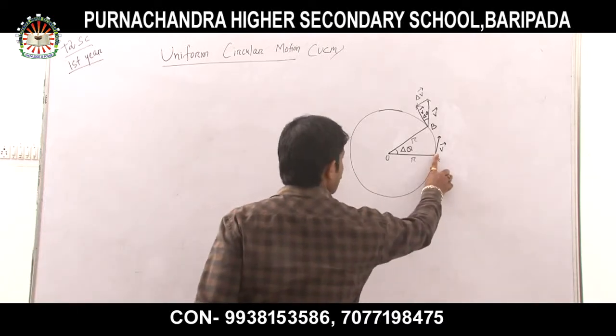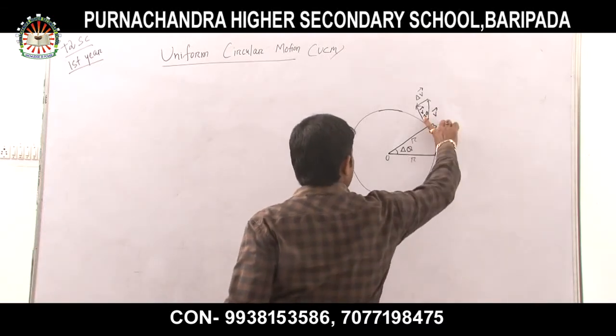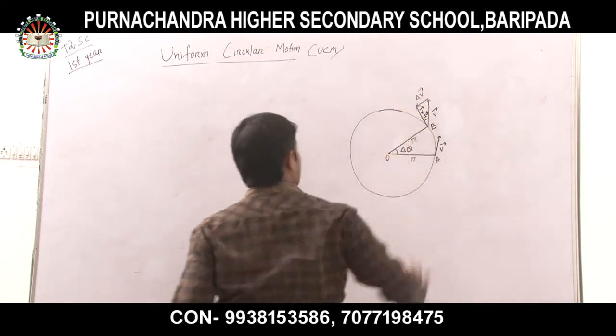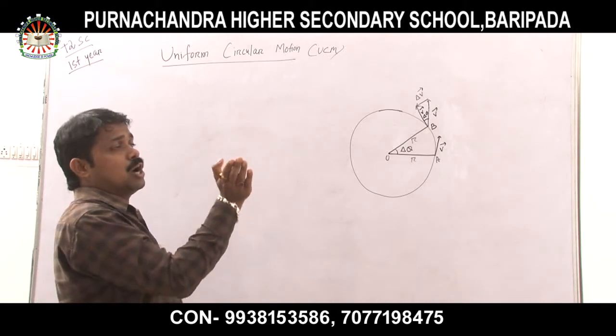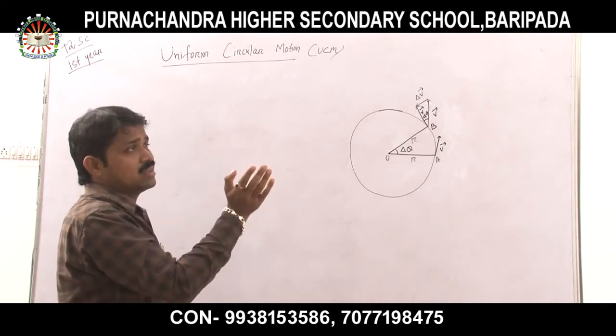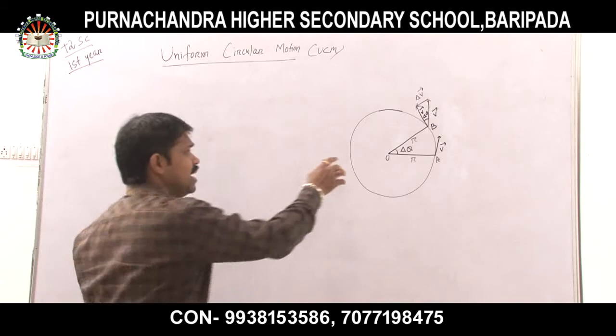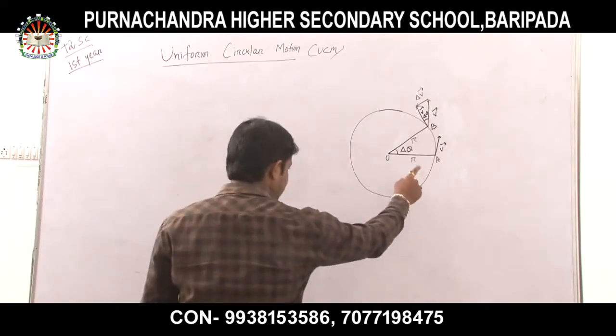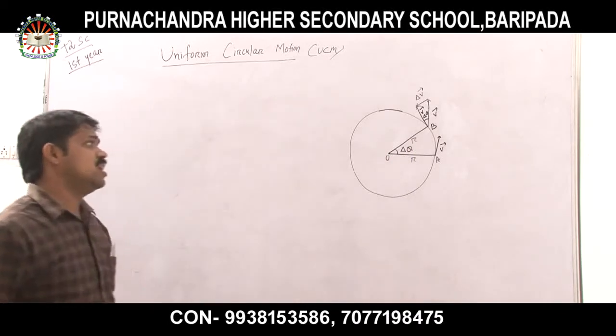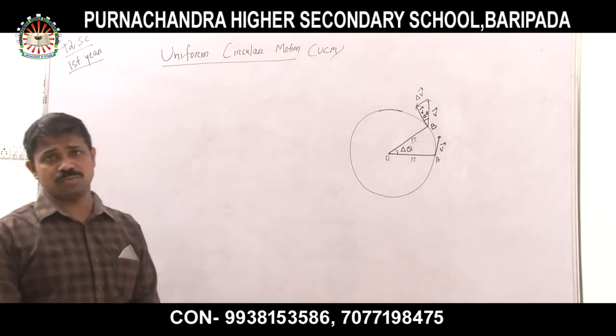Here the direction goes in this direction, and at point B, the direction is in this direction. And whatever angle the object makes at the center is nothing but the angular displacement. So here the angular displacement is denoted del theta. Understood all of you?